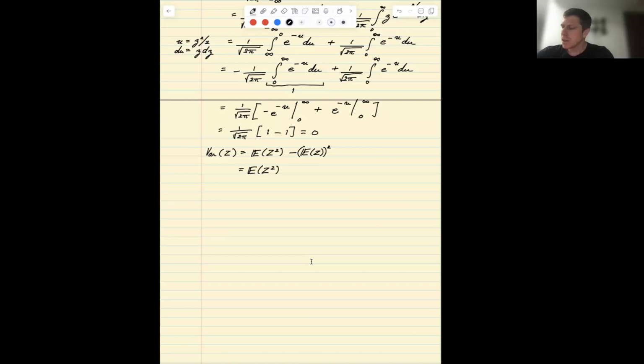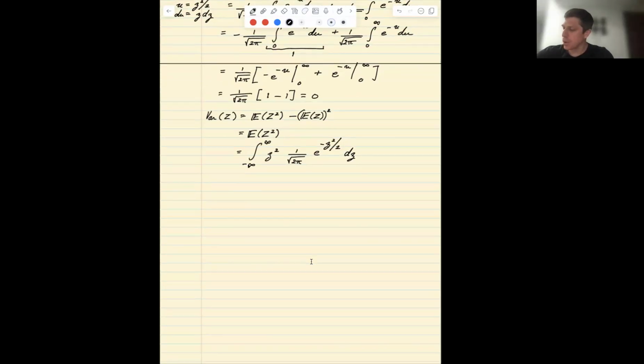So this is the integral of z squared times 1 over square root of 2 pi, e to the minus z squared over 2 dz.